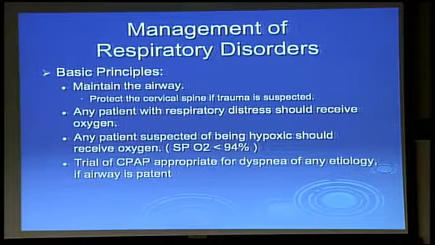If there's any suspicion of hypoxia, then you should be giving oxygen because that's one of the most important things that we can correct. And as long as you have a patent airway, a trial of CPAP is appropriate and occasionally extraordinarily helpful.